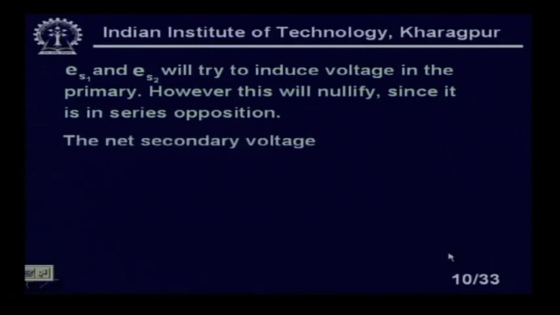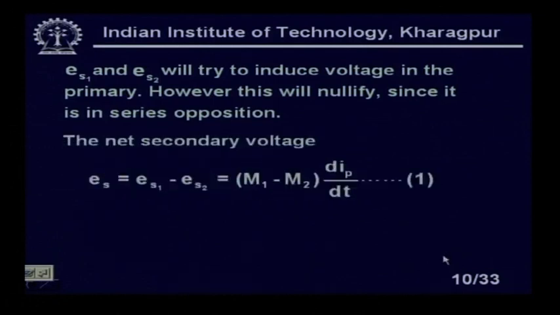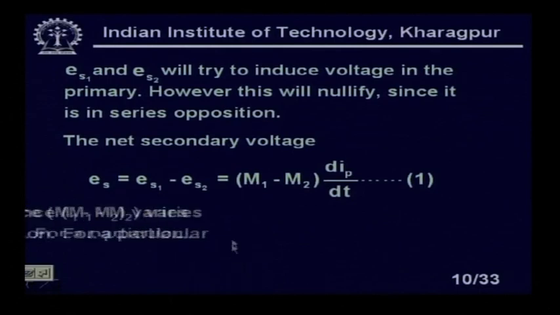So, the net secondary voltage, Es or E naught, whatever you say, equals Es1 minus Es2. If you look at the expressions which you have seen, this will be (M1 minus M2) dIp by dt, because Es1 equals M1 into dIp by dt and Es2 equals M2 into dIp by dt.